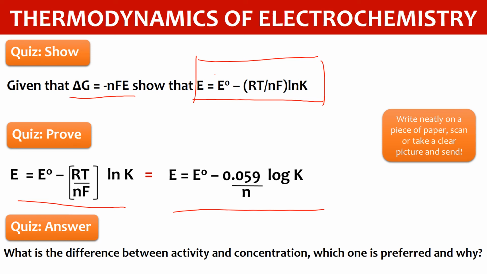Then I also want you to say what is the difference between activity and concentration, and which one is preferred and why. Then also define what is fugacity. Okay, so this is your quiz that I want you to do as you are writing down your notes and understanding the lectures.